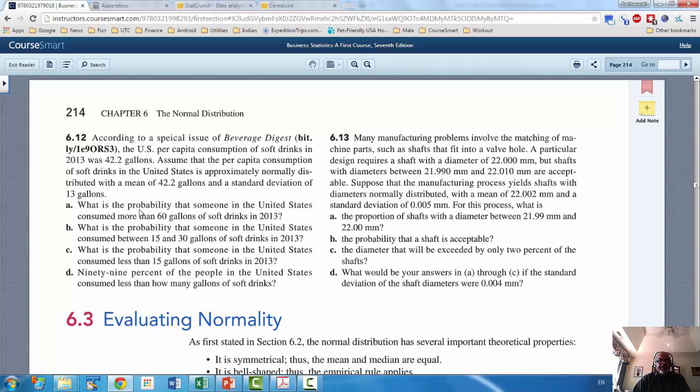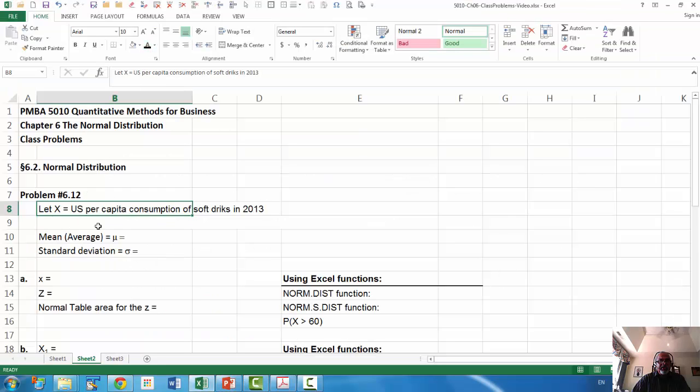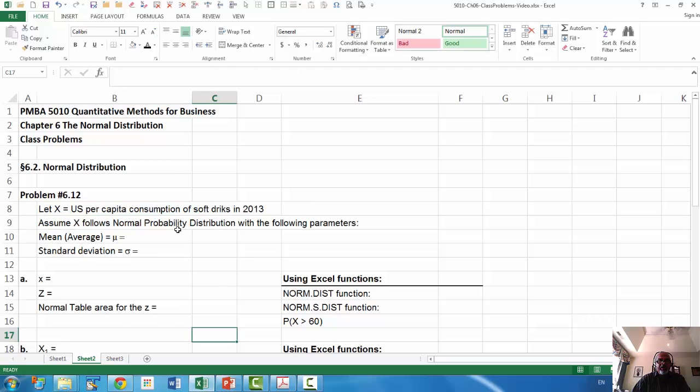Okay, let's first set up these parameters. So x is per capita consumption of soft drinks in 2013. And we are assuming that x follows normal distribution, and the parameters are 42.2 gallons and 13 gallons for standard deviation.